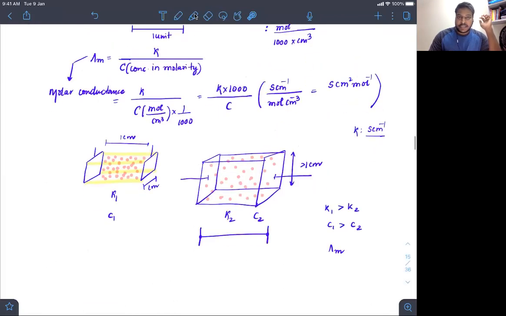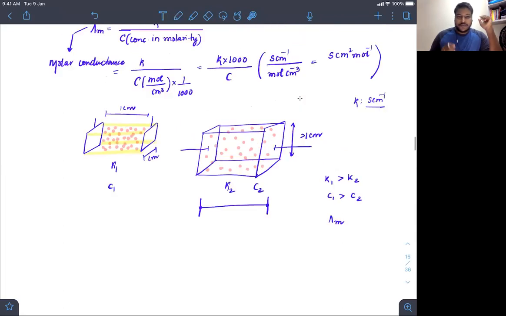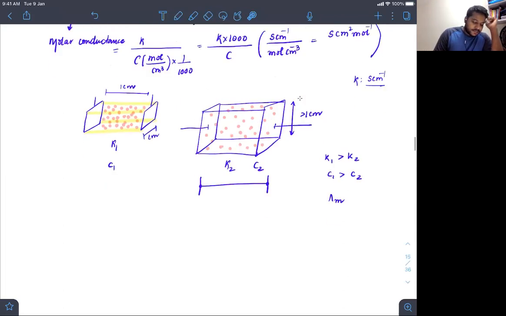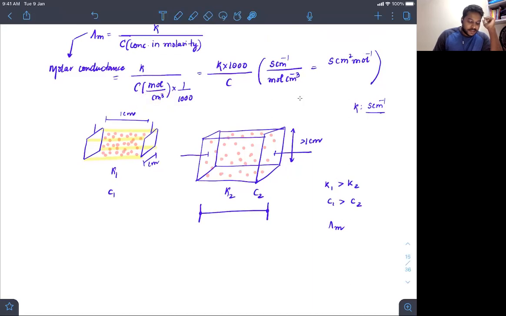यहाँ पर अच्छे से केस स्टडी समझो तो आपको बाकी सारे टर्म्स इजी हो जाएंगे. So we have learned what is molar conductance, how it is to be written. Now molar conductance can be written either in terms of centimeter cube when we write the concentrations, or I can write that in terms of meter cube also.